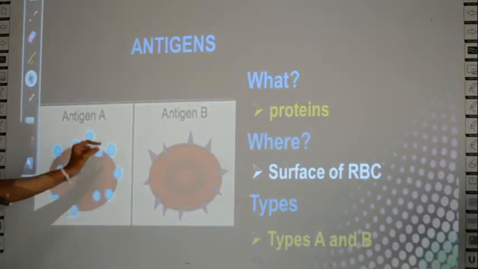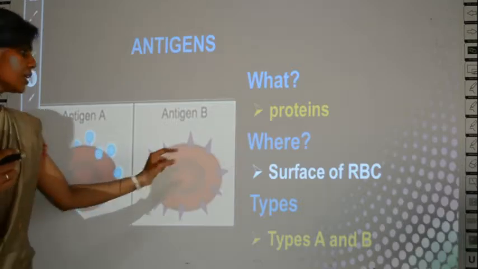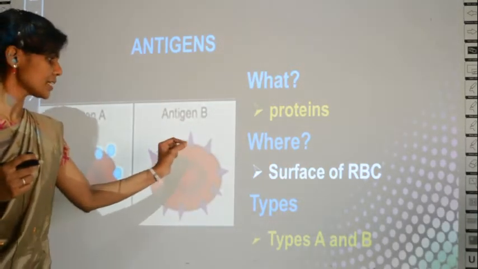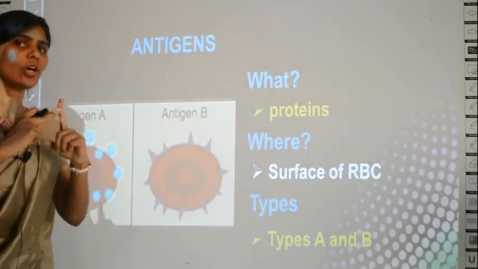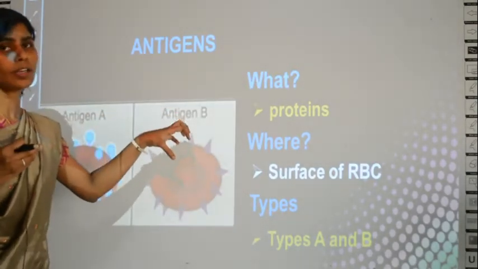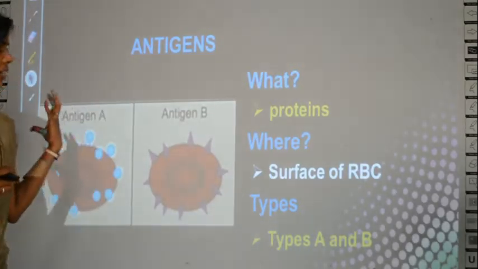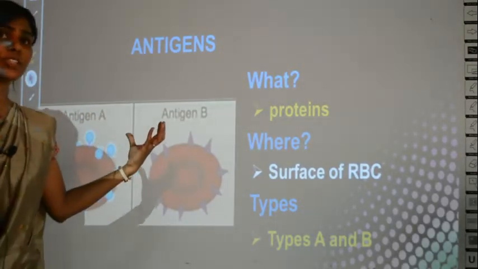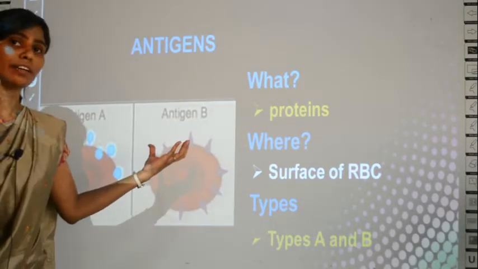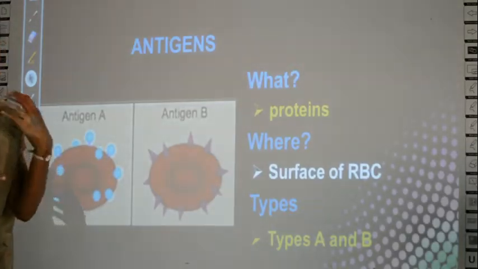In A, you can see the antigen as a small ball-like structure, and in antigen B you can see a spike-like structure or a diamond-shaped structure fixed on the red blood cells. Clear? So this is the difference, that is, they differ in their shapes. So antigens differ in shape and they are present on the surface of red blood cells.